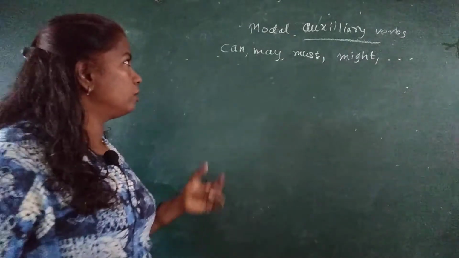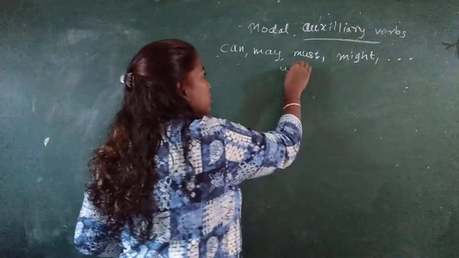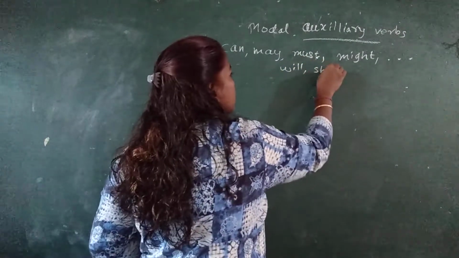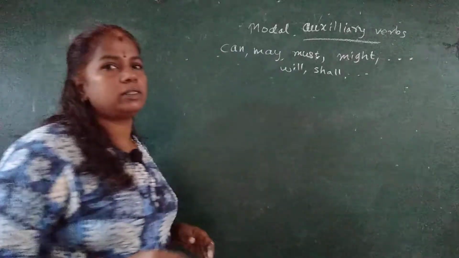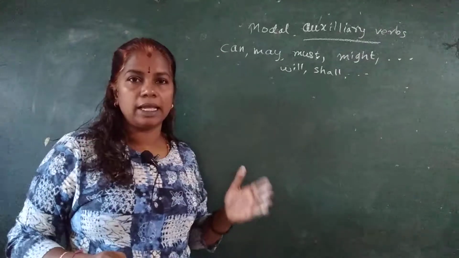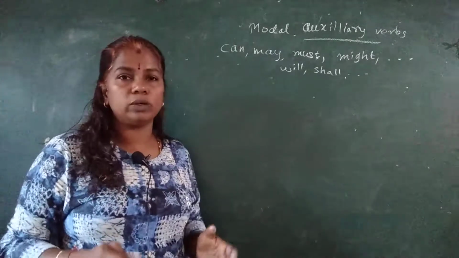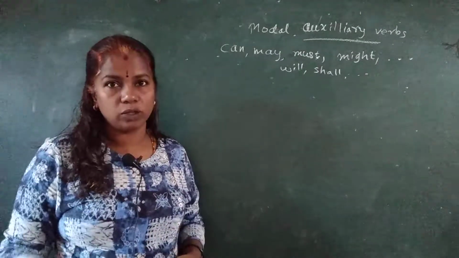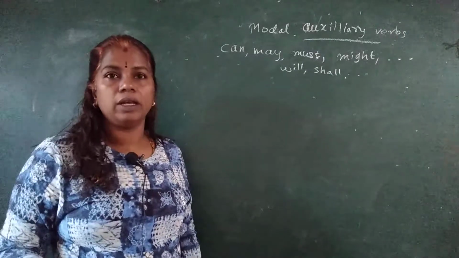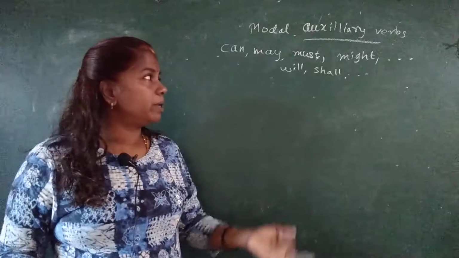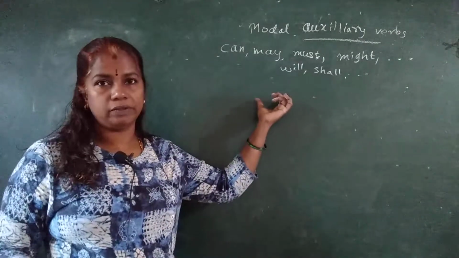Now, at the same time, will and shall, these also you can consider as modal auxiliary verbs, because these also show the capacity, ability of a person, or give you the information whether they are asking you permission or giving you a request or order. A request, order, permission, this all is shown through the modal auxiliary verbs.